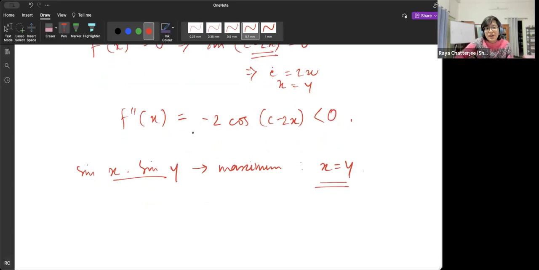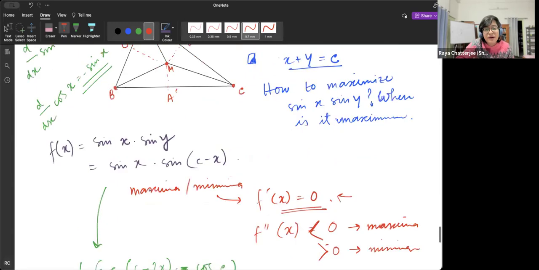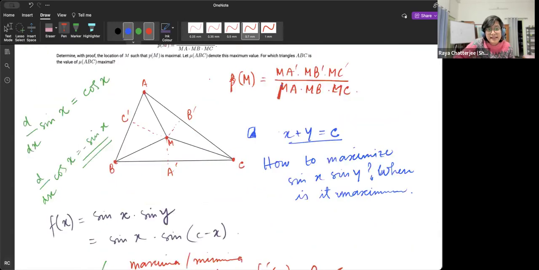Coming back to our problem, I will mark these angles so it's easier to understand: alpha 1, alpha 2, beta 1, beta 2, gamma 1, gamma 2.